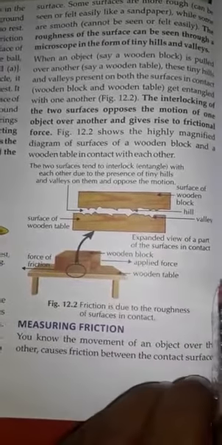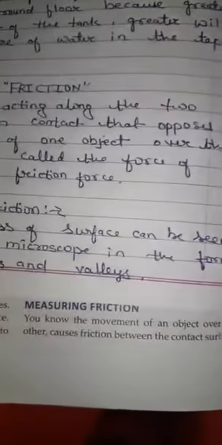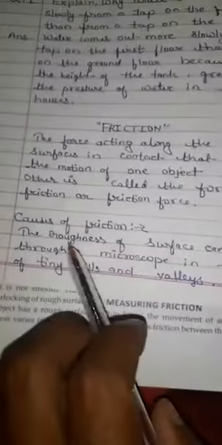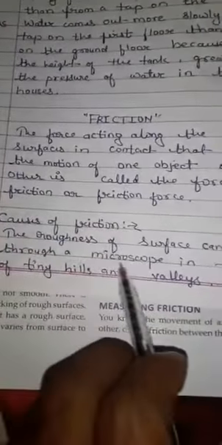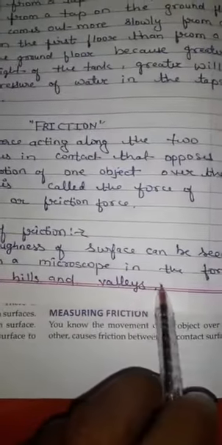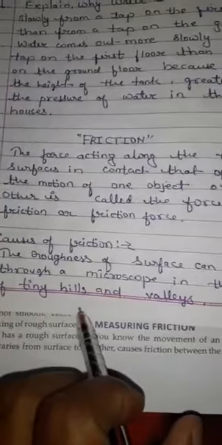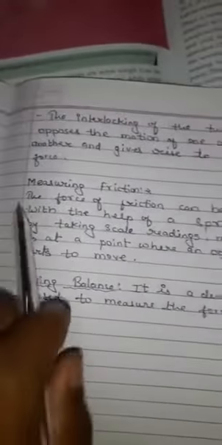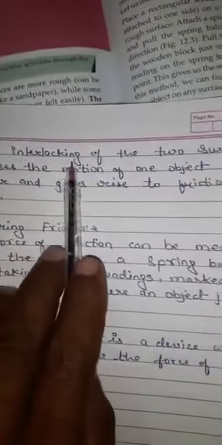So what is the cause of friction? The roughness of the surface can be seen through a microscope in the form of tiny hills and valleys.